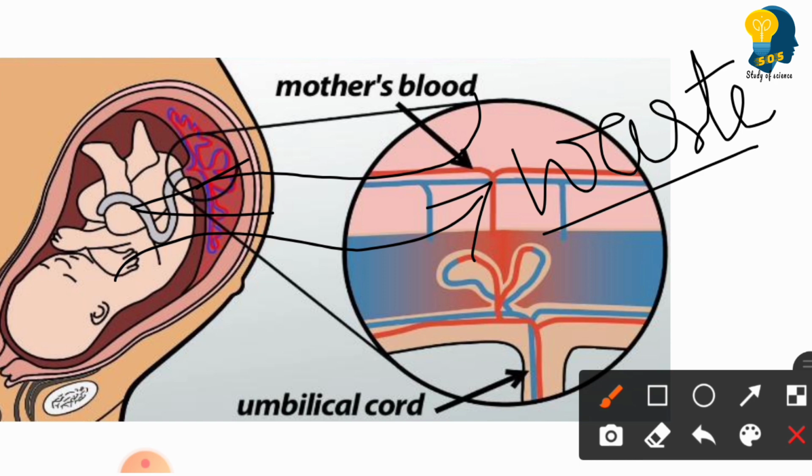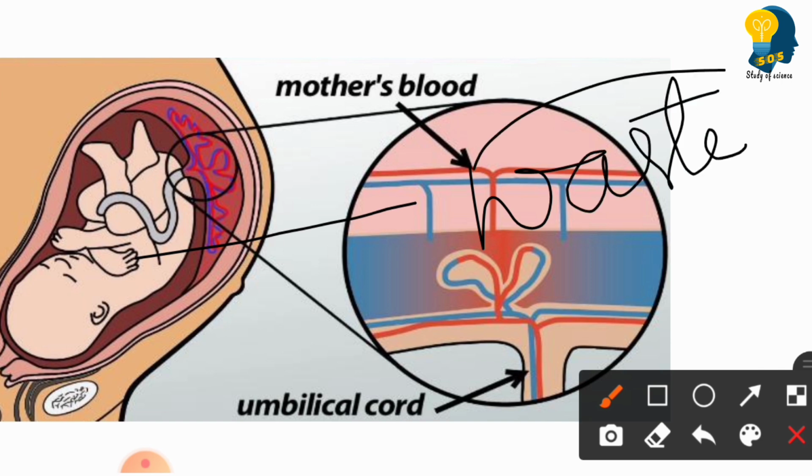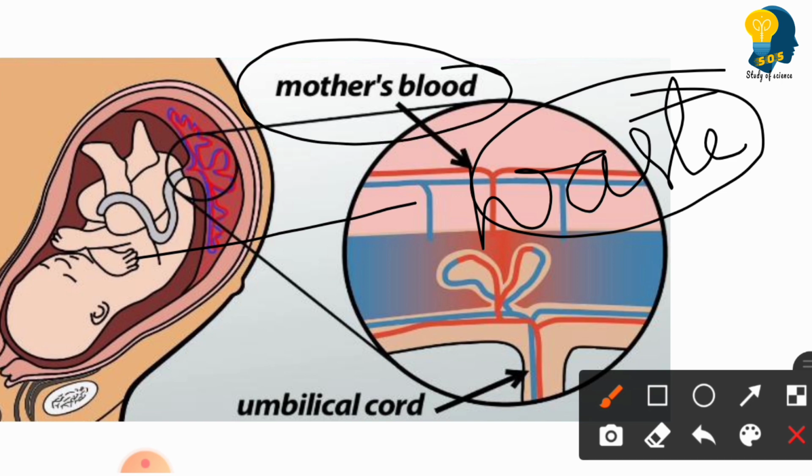Similarly, the embryo takes the good things with the help of the mother's blood through the placenta, and it also releases waste products. These waste products enter the mother's blood again, and through it they reach the excretory system of the mother and are thrown out of the body. So this is what happens with the help of the placenta.